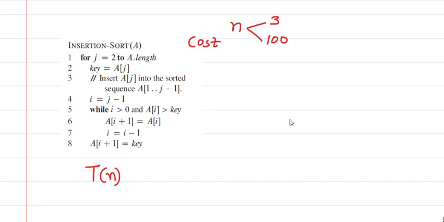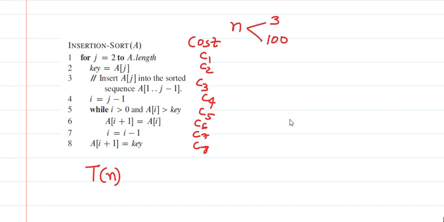So let's say the cost for execution of line number 1 is c1. For line number 2, let's say it's c2. For line number 3, c3. For line number 4, c4. For line number 5, c5. For line number 6, let's say it's c6, c7 and c8.